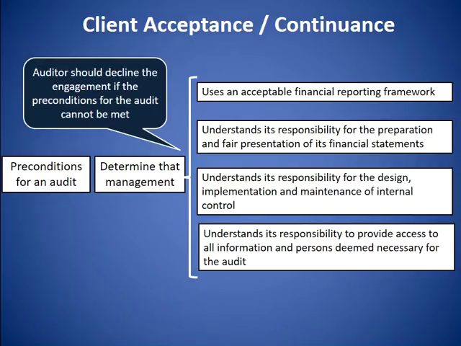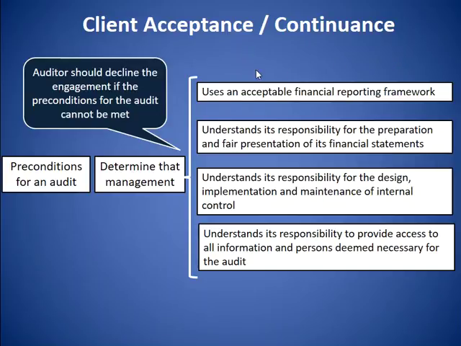Now, we're talking about client acceptance or continuance. Under our audit standards, there are preconditions that have to occur for an audit. And there are four major preconditions. First of all, we have to determine that management uses an acceptable financial reporting framework.